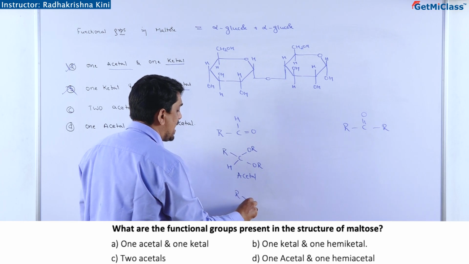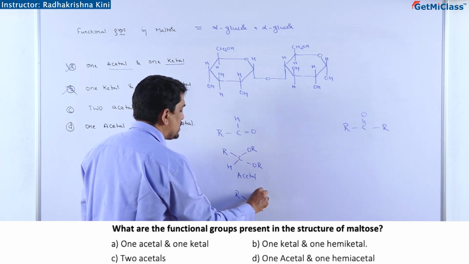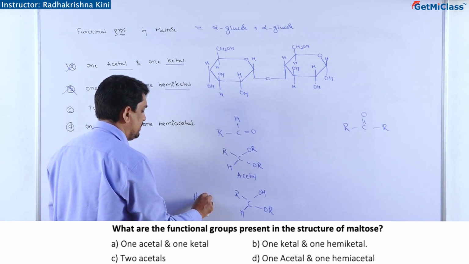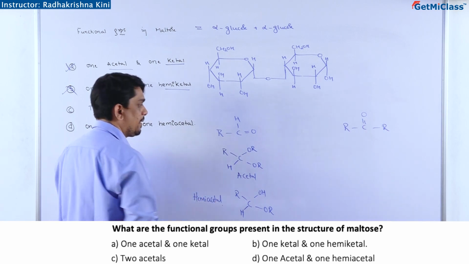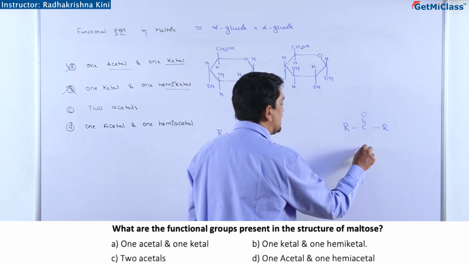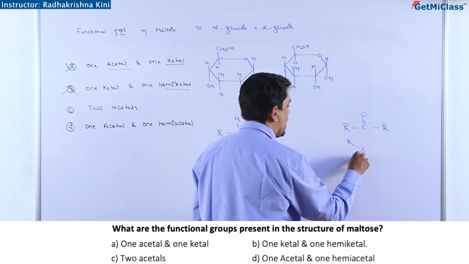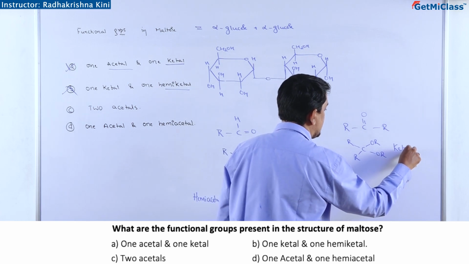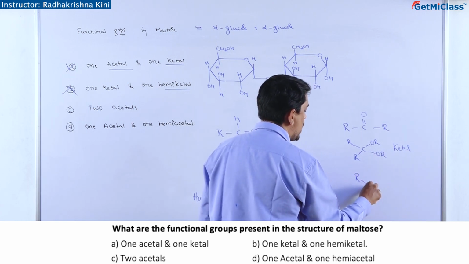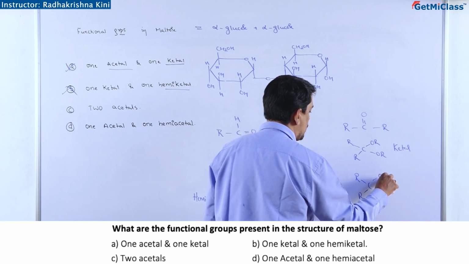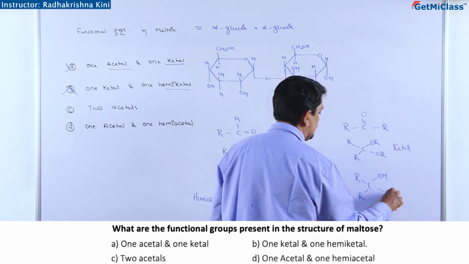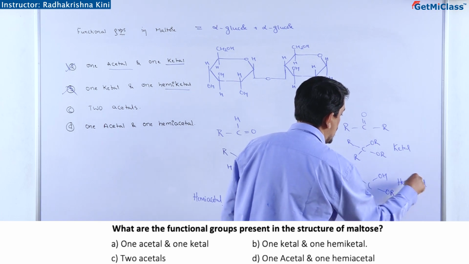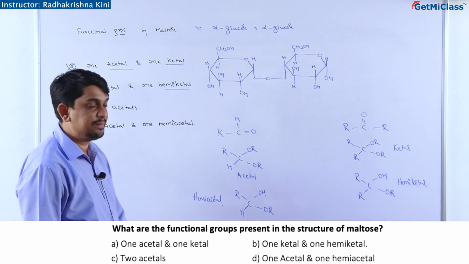If it is like one OH and another OR, we call it a hemiacetal. If we see a C with R, R, and OR and OR, we call it a ketal. If one OH is still present, then we call it a hemiketal. I hope everyone got the point here with clarity.